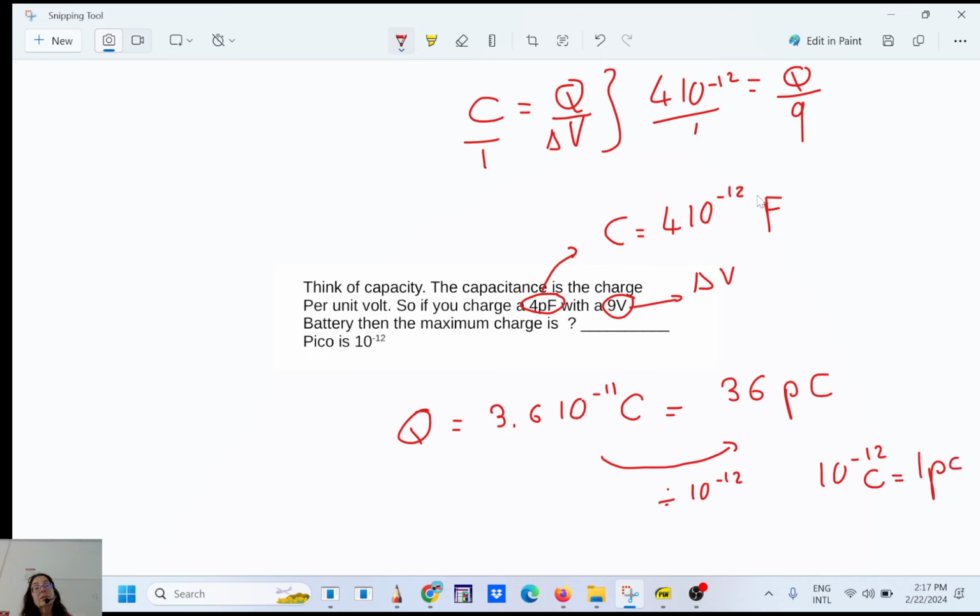Look at your equation sheet. Okay, is that clear? You cross multiply, divide, yes? Okay.